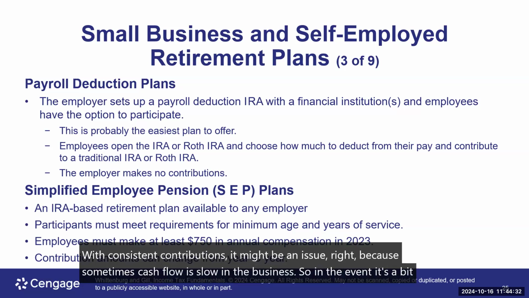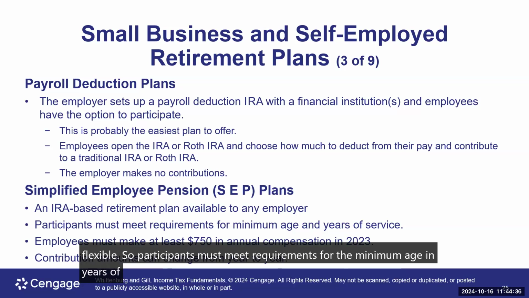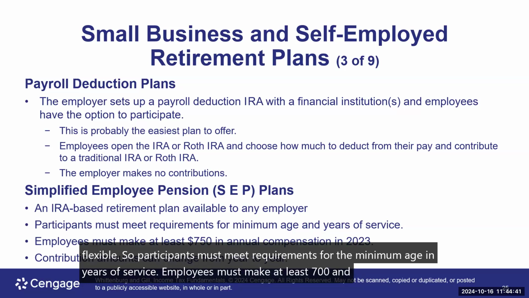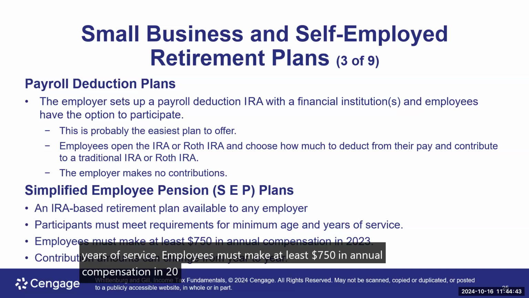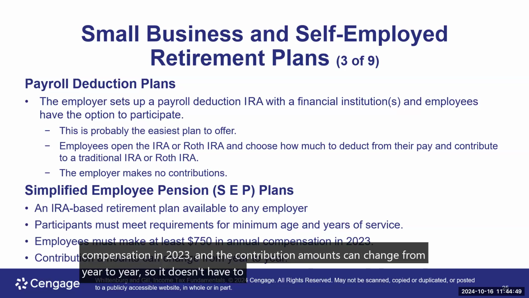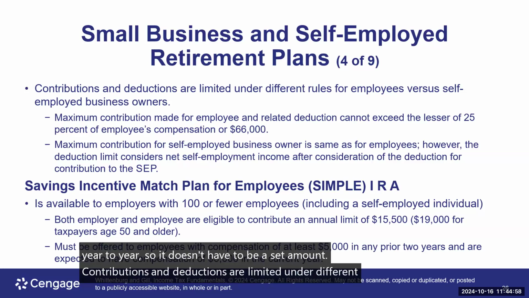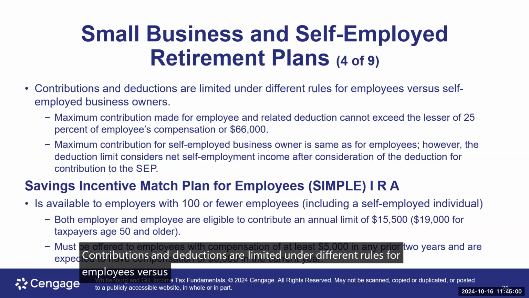Participants must meet requirements for the minimum age and years of service. Employees must make at least $750 in annual compensation in 2023, and the contribution amounts can change from year to year. So it doesn't have to be a set amount. Contributions and deductions are limited under different rules for employees versus self-employed business owners.